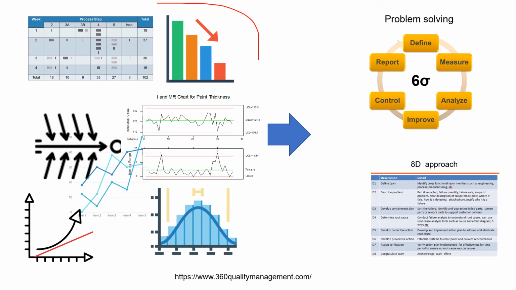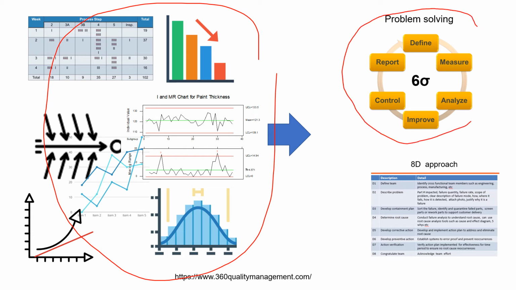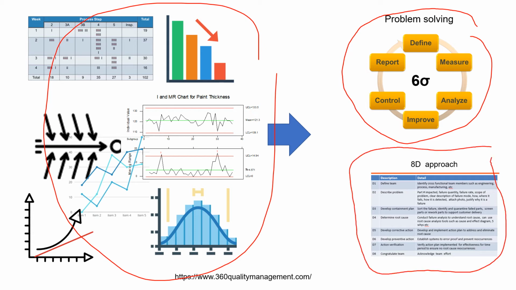The 7QC tools have been used extensively in problem-solving approaches such as Six Sigma or the 8D problem-solving approach, from defining the problem with the Y data collection in control chart, Pareto, and histogram, to the root cause analysis of connecting the Y to the potential X which causes the problem, in the cause and effect diagram and also the scatter plot.